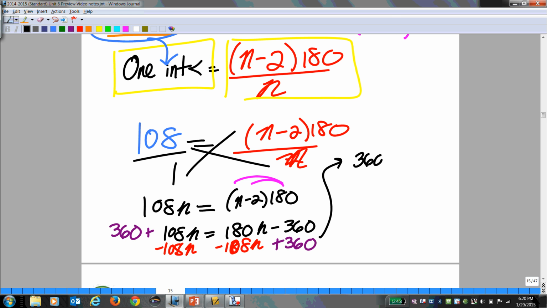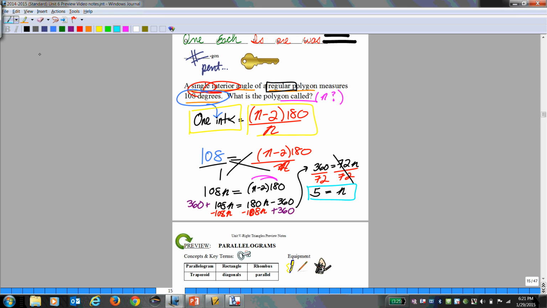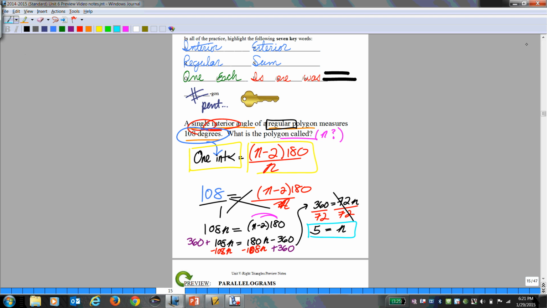So I end up with 360 equals 180 minus 108, which is 72n. Our n here is 360 divided by 72, that's 5. But I didn't ask you for n here. Always ask yourself, what were we actually looking for? I want to know what this polygon is actually called. 5-sided, it is a pentagon.